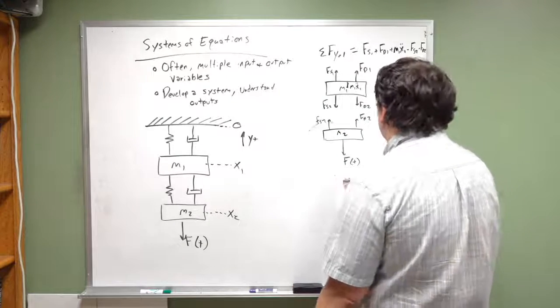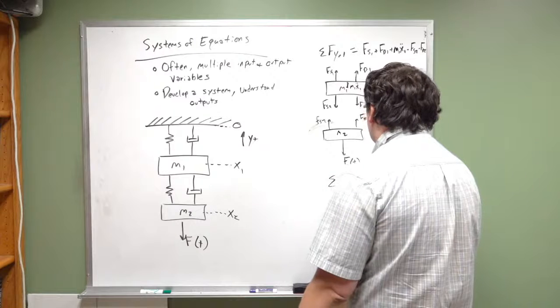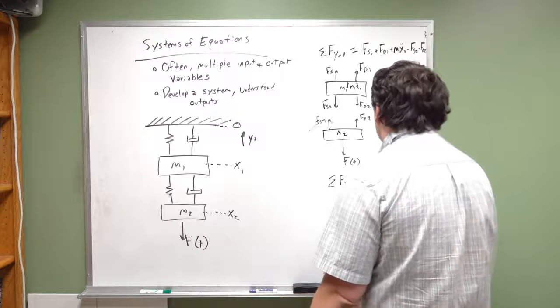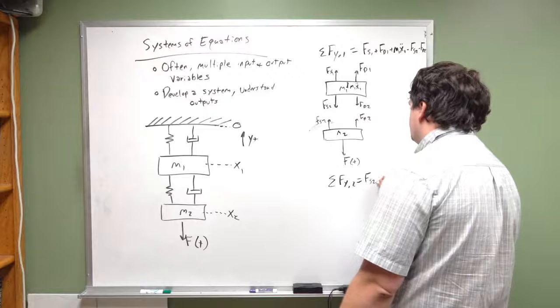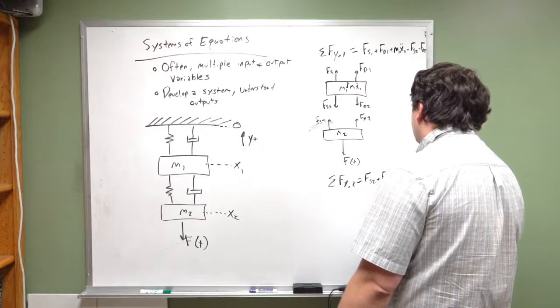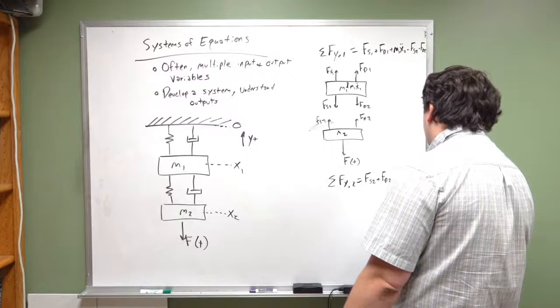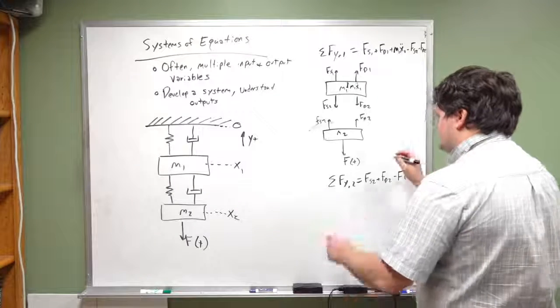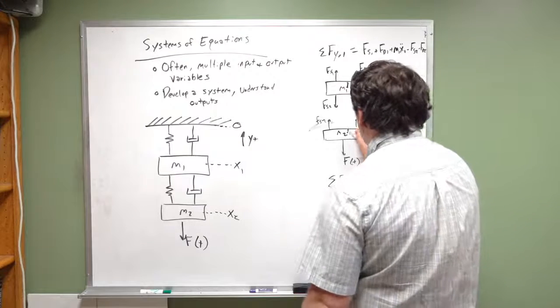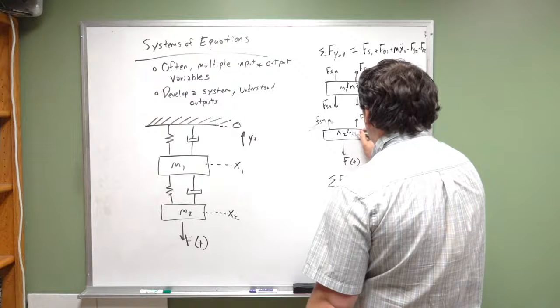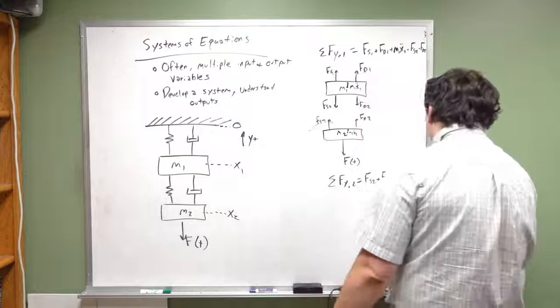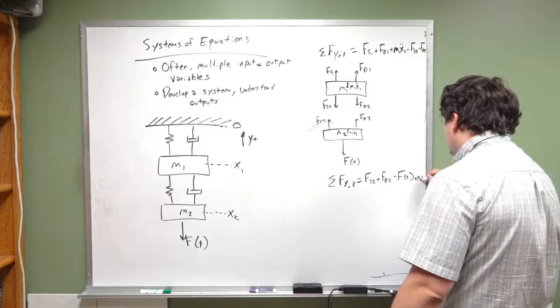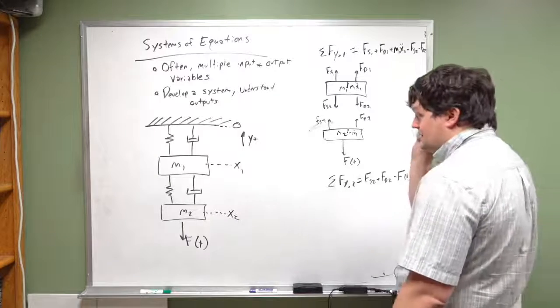So the sum of forces in the y direction on 2 is equal to fs2 plus fd2 minus f of t, plus our inertial force, which is m2 x double dot 2, and that's equal to 0 again.